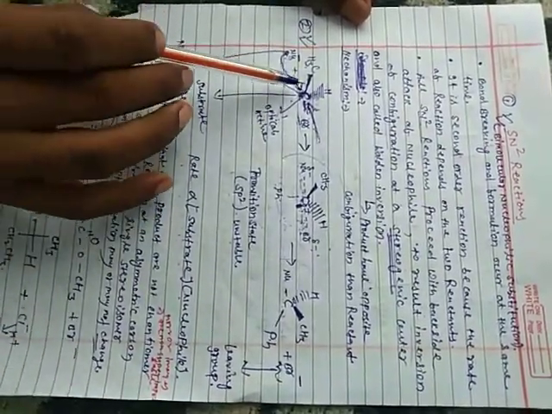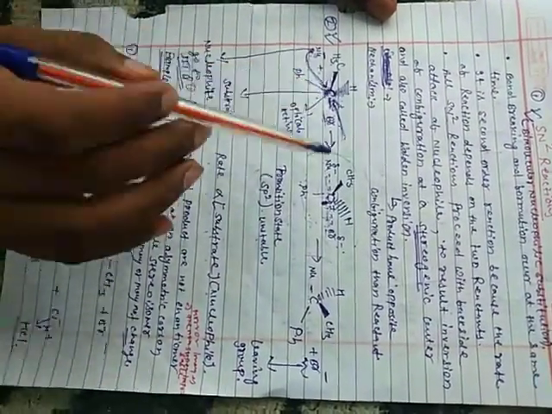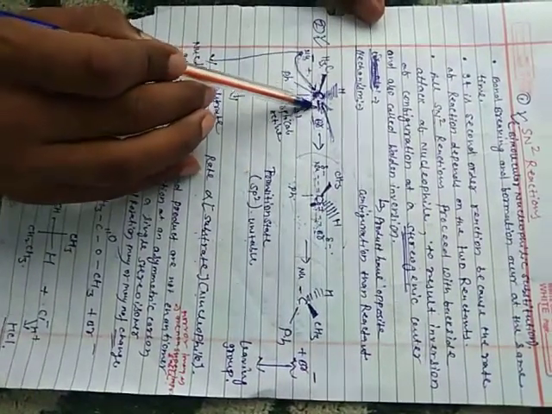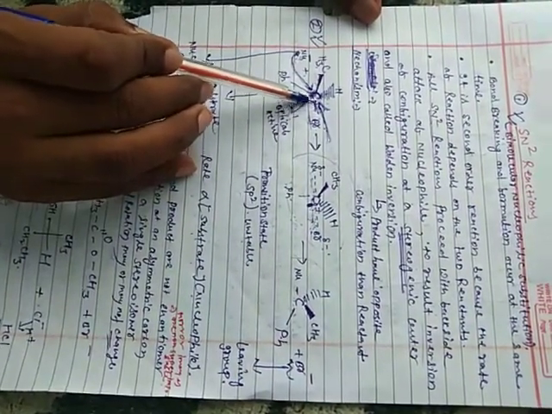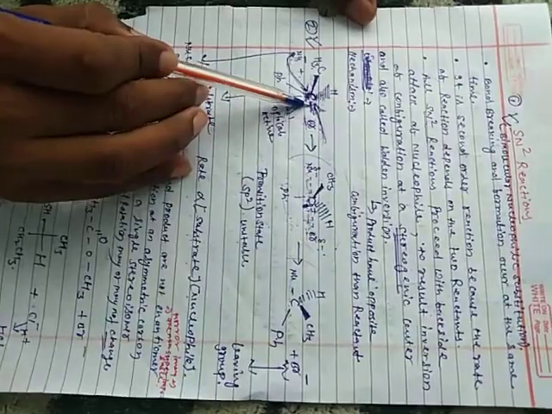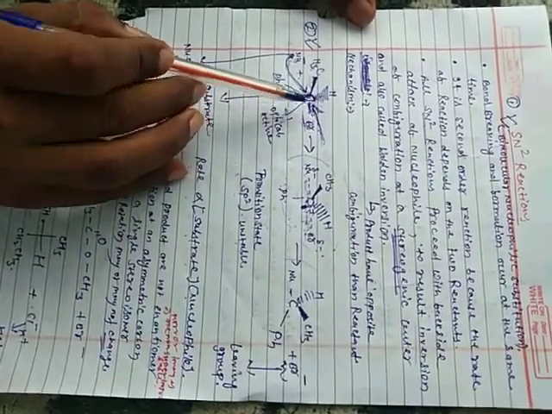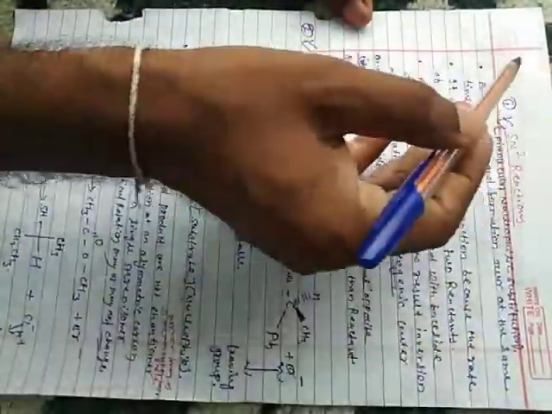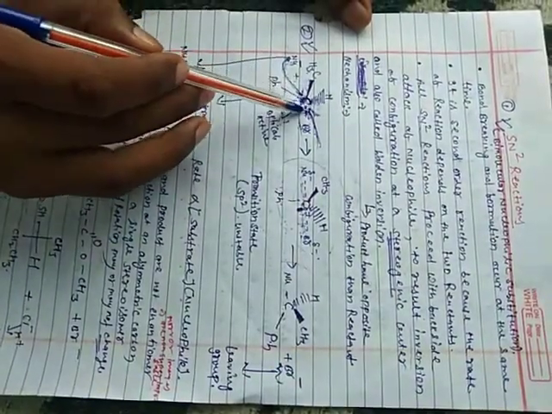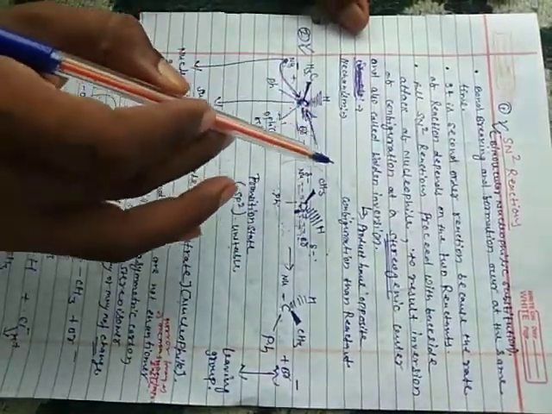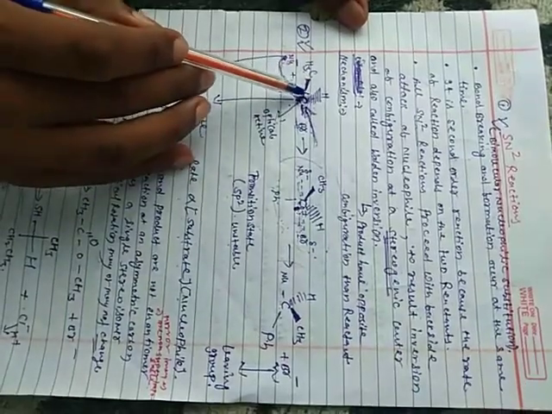I think all of the students know about that, but again I explain it. See, this single line represents a bond formed on the plane of the paper. Suppose this is the plane of paper; this bond is formed on this plane of paper.